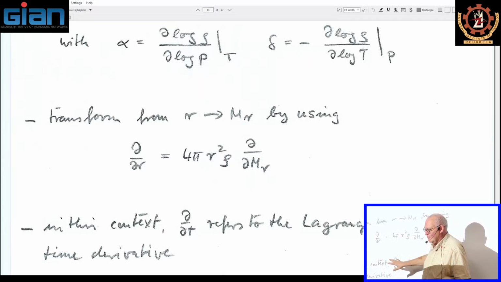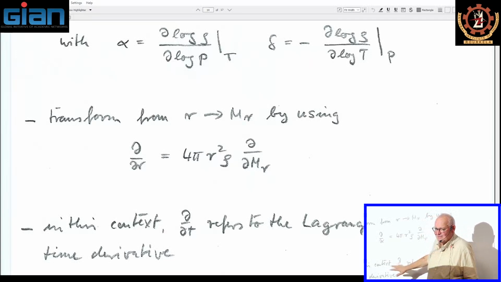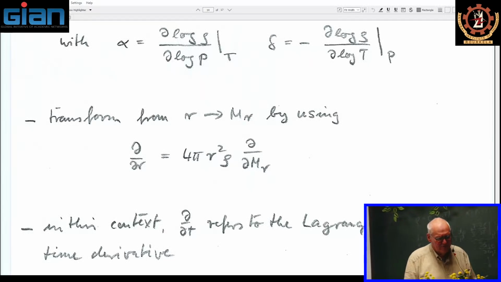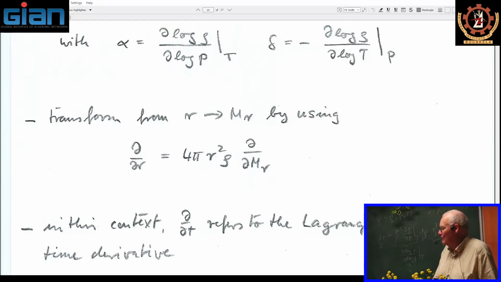We are fully in the Lagrangian scheme. Sorry about this. I would like to avoid confusion, but usually in stellar physics they use del by del t, even if it's a Lagrangian time derivative. So in this context, the del by del t refers to the Lagrangian time derivative.